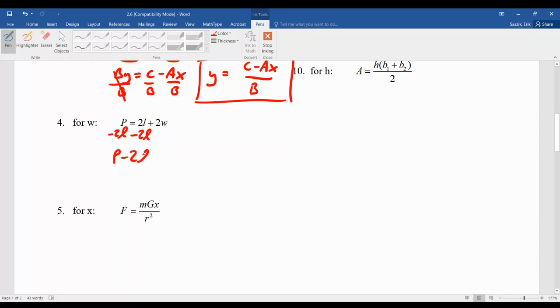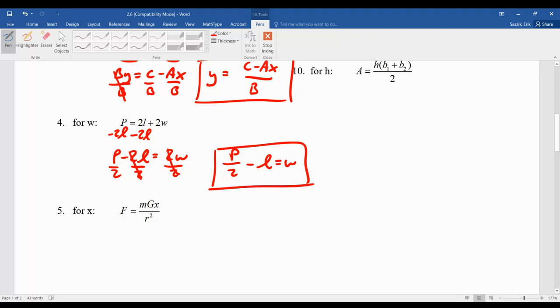So P minus 2L. Now you got to be careful with this one. We want to get W by itself. We're going to divide each term by 2. You see, that cancels. P over 2 doesn't. So you have P over 2 minus L equals W.